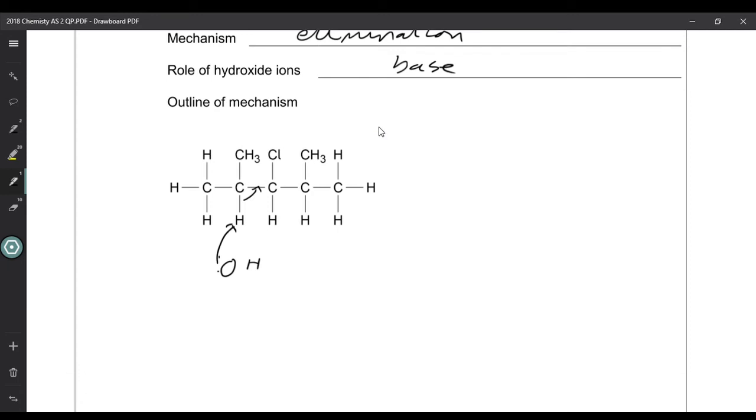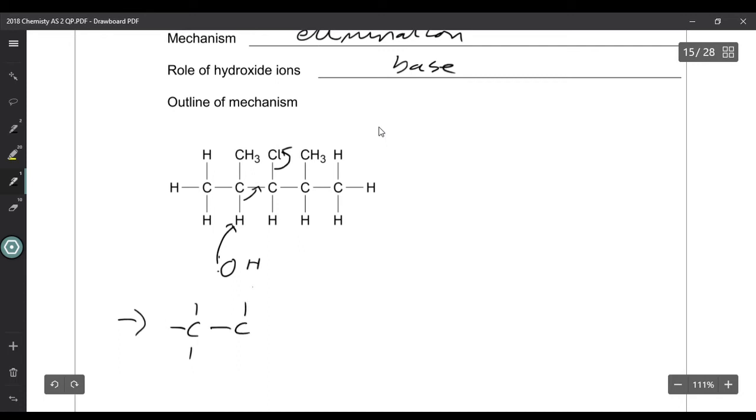Then we're going to get a further movement from the carbon-chlorine bond to the chlorine. So all in all, the structure we'll end up with is our carbon down here, another carbon with a methyl group, then our double bond there, then our next carbon with a methyl group, and then our final carbon.